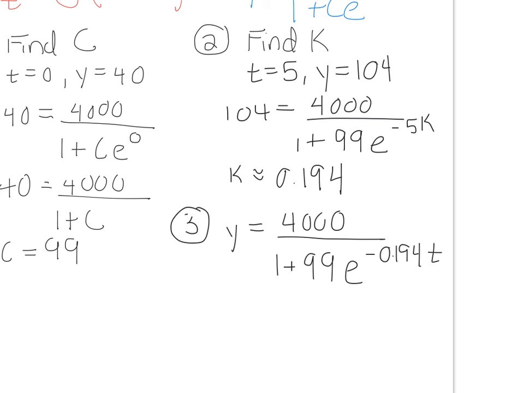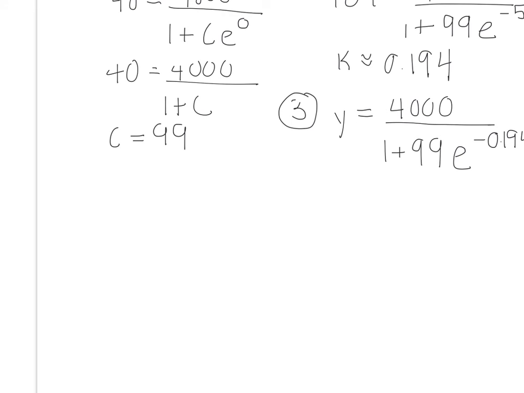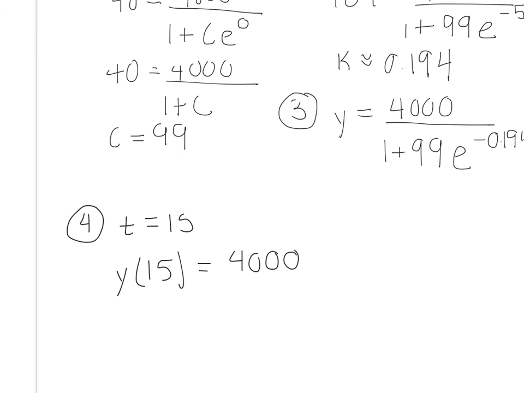All right, and so now we've got something to work with to actually answer the question that we were given. Predict the population after 15 years. That just means we're going to let t go to 15. So basically y of 15 will be 4,000 over 1 plus 99 e to the negative 0.194 times 15.